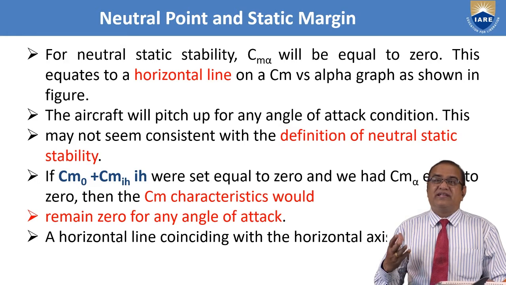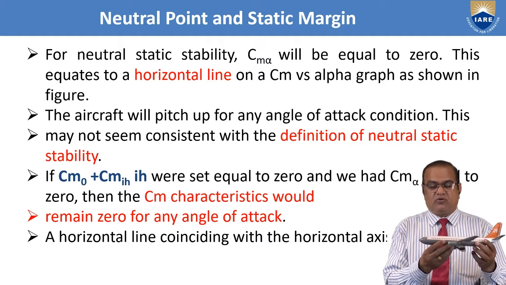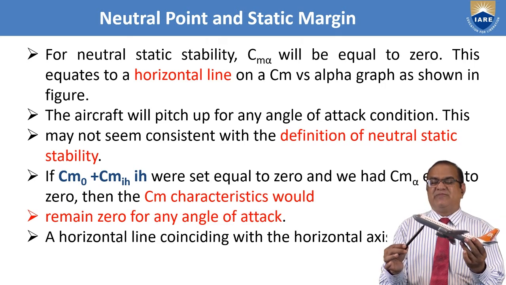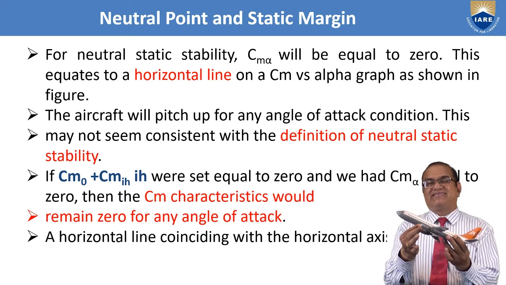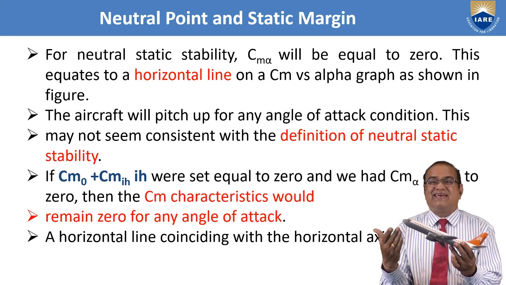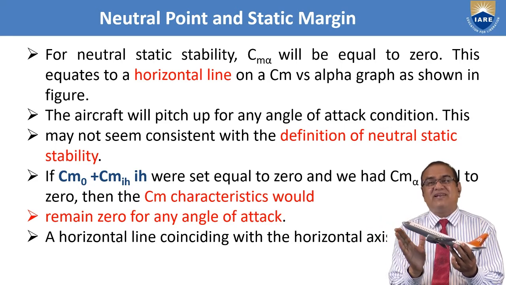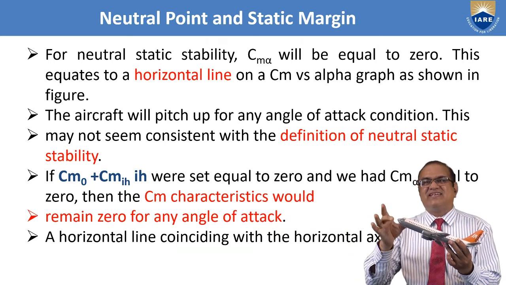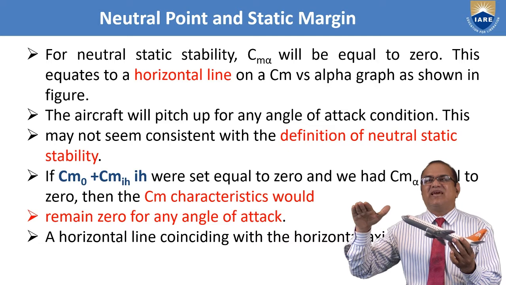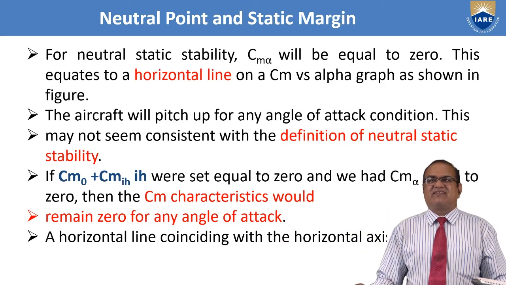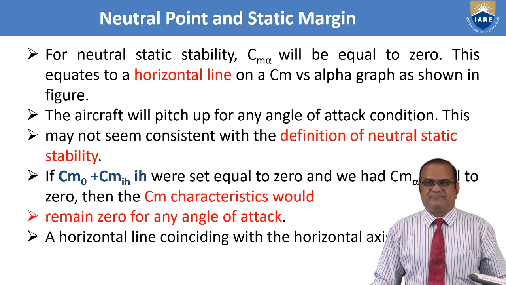So this aircraft will pitch up. What happened, I have just told you. It is hit here and it is making up. It will maintain the same pitch up. That is the meaning of neutral stable. It will remain in the same condition. Means as the angle of attack is changing, the aircraft will remain in the same pitching state. So this is called neutral static stable.